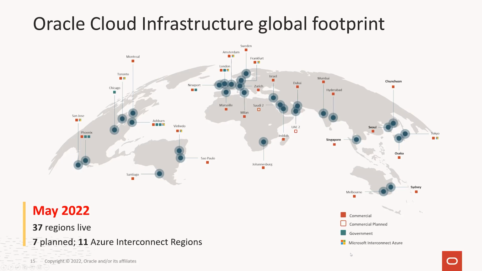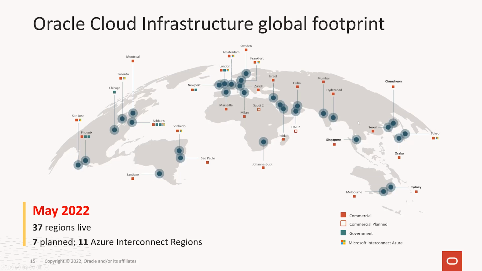We have this cool feature, this cool platform, called Microsoft Interconnect Azure, meaning that if you have an Azure account and an OCI account, you'll benefit from both of those vendors on that region, meaning that you'll be able to deploy and develop applications on the same data center, on the same platform, which can help a lot in some scenarios. So basically, you'll have the best of both worlds.